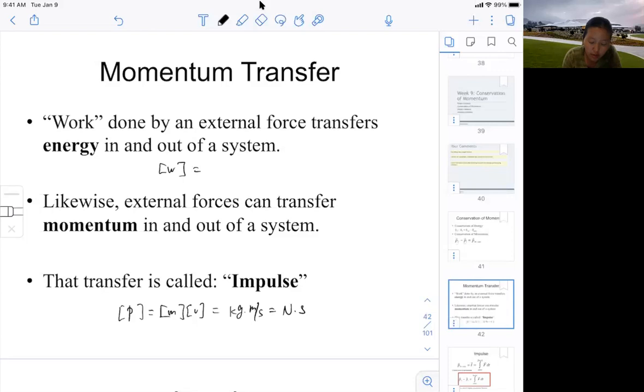The unit for work is newton meter, which corresponds to the unit for energy, joules. So if you apply a force over some distance, you can change the energy of the system. You can probably already guess what the impulse is. If you apply a force for some time, you can change the momentum of a system, right?